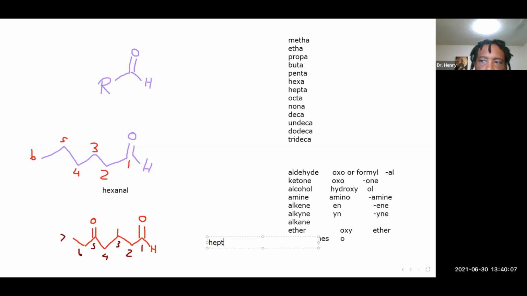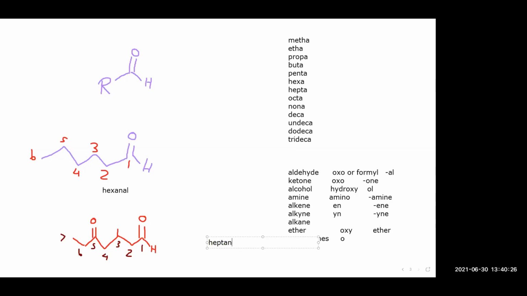Or triple bonds? Not in the carbons. So no. So then we're going to use AN, YN, or EN. What is this? AN.